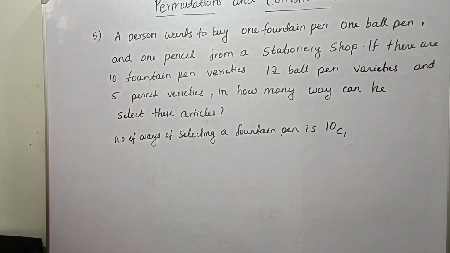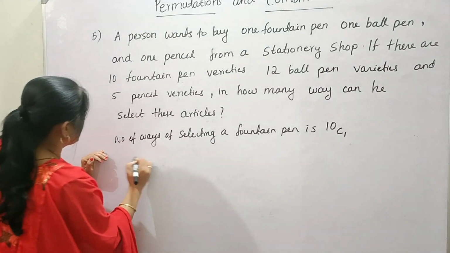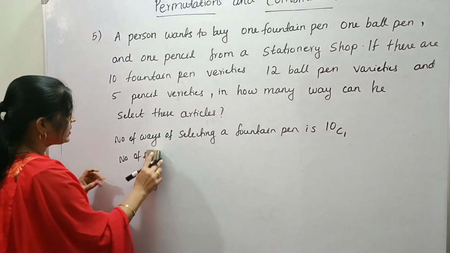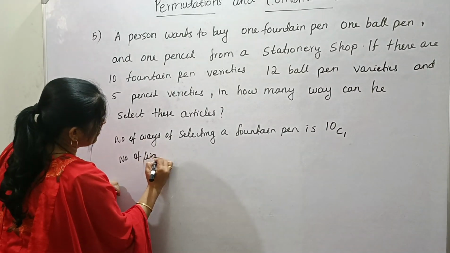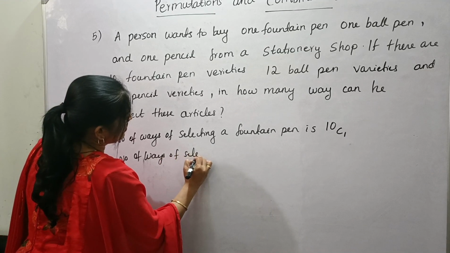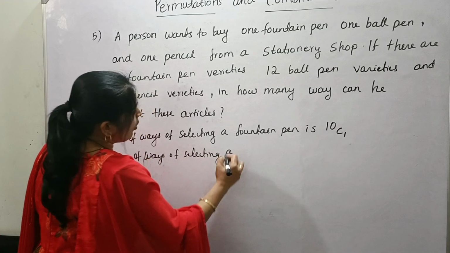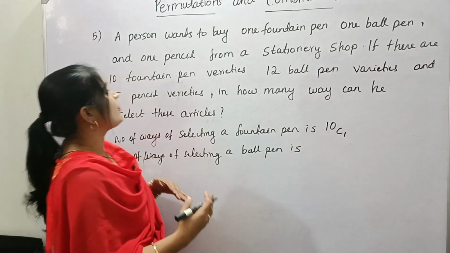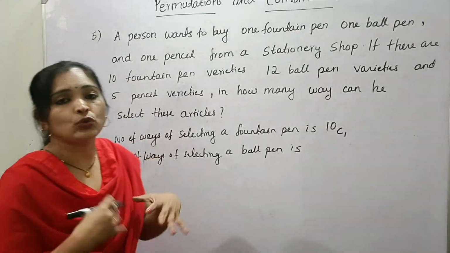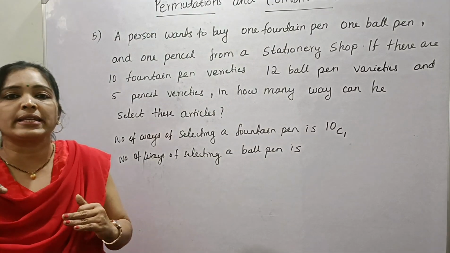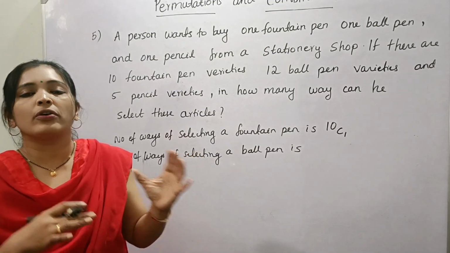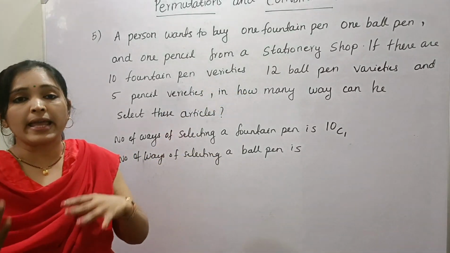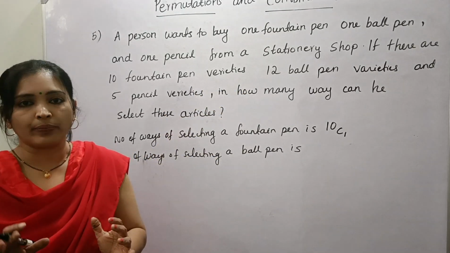And next, the number of ways of selecting a ball pen out of 12 ball pens, we have to select a ball pen. That is, the number of ways of selecting a ball pen out of 12 ball pens is 12C1 or 12, okay.